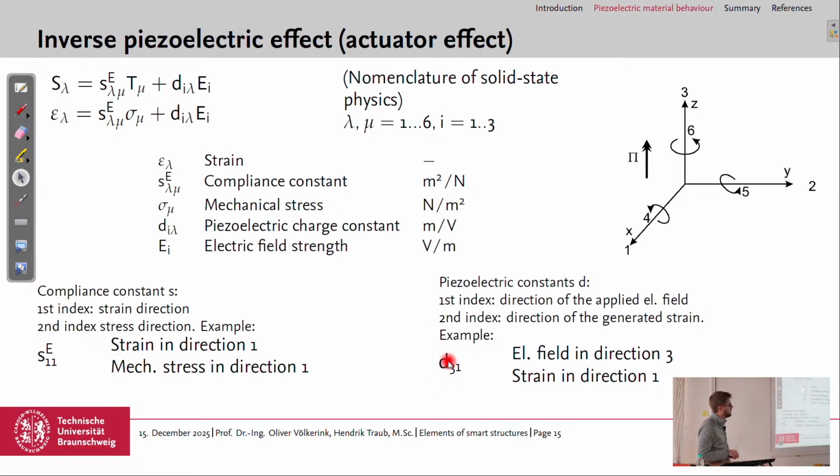So in direction 1 we have the electric field, and in direction 4 or 5 we have the generated strains. So it would be shear in this or that plane. But you won't need it for the exam. So from now on we really focus on the D33 and D31 effect for the transducers.